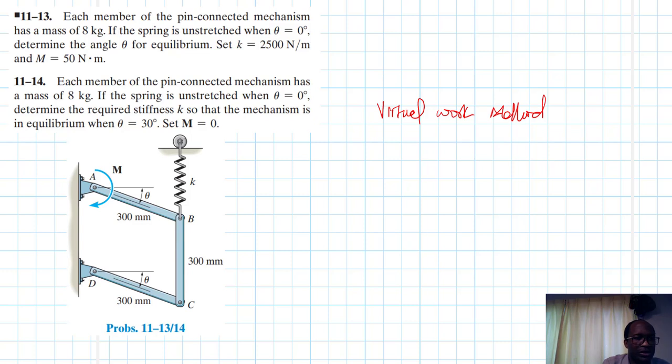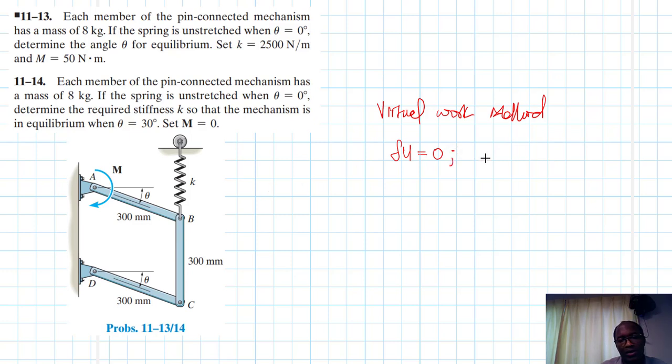So what is this virtual work method? It states that the total virtual work del U is equal to 0 in a system like this one, which is a system of interconnected rigid bodies.